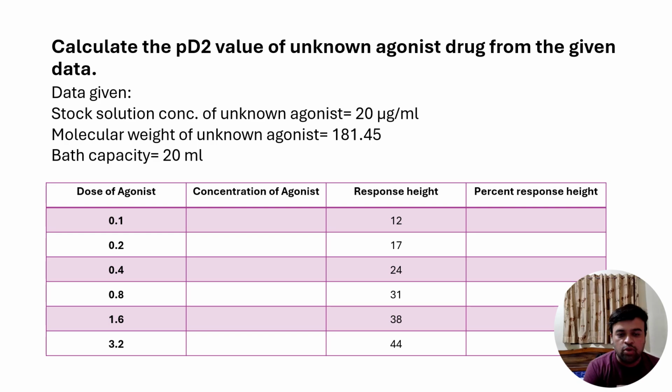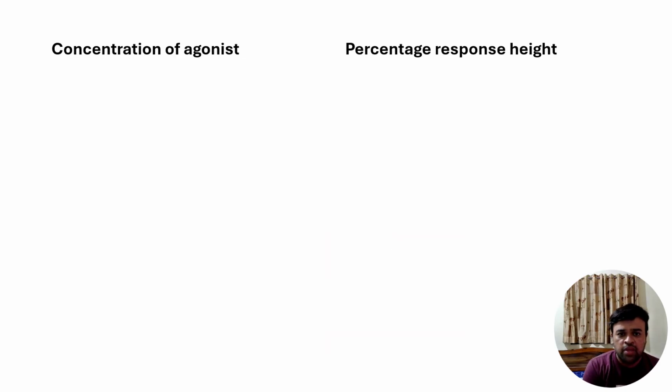We are supposed to calculate the concentration of agonist, for which we require the stock solution concentration of the unknown agonist, which is 20 microgram per ml. For the concentration of agonist, you just multiply the dose of agonist with the stock solution concentration.